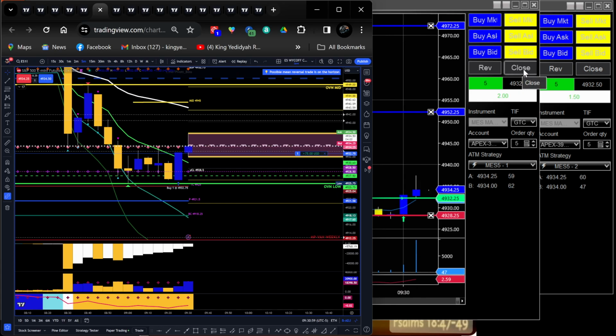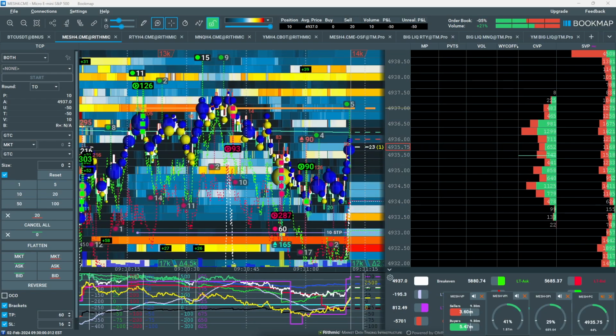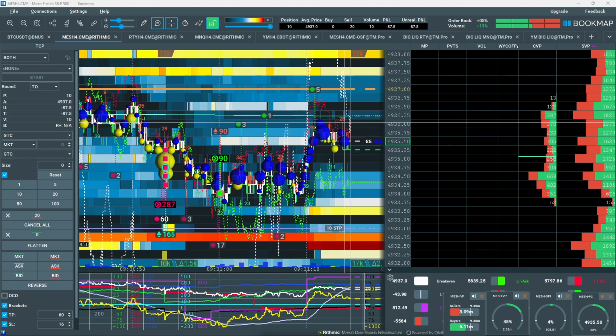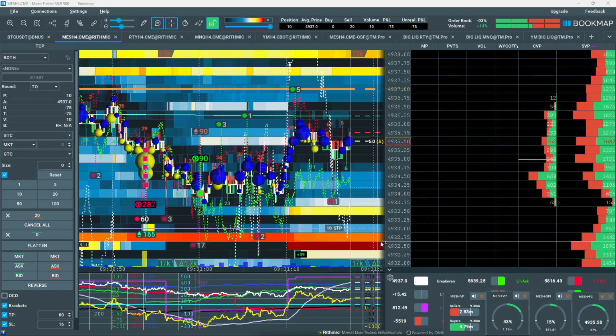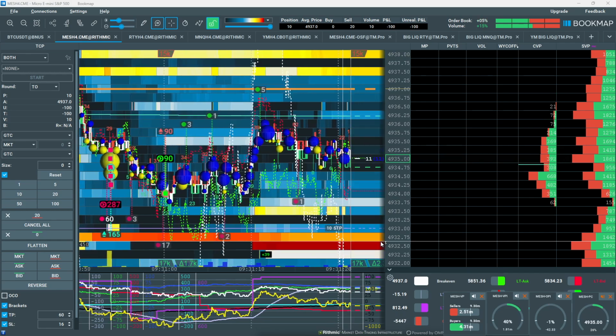Absorption sellers ES. Sweep ES. Absorption buyers ES. NQ stop run. Sweep NQ. Absorption sellers NQ. Absorption buyers NQ.